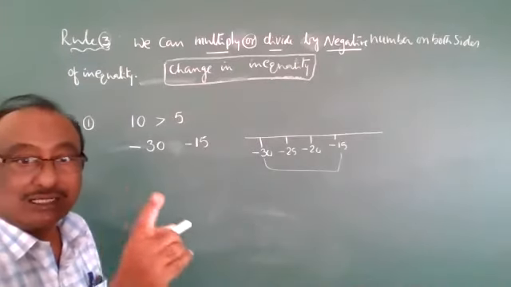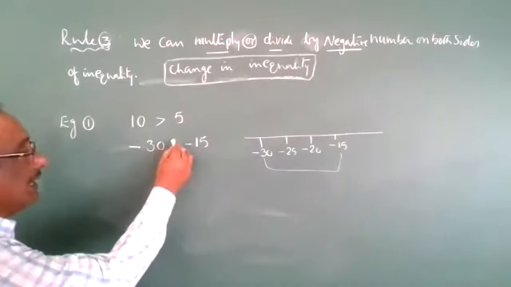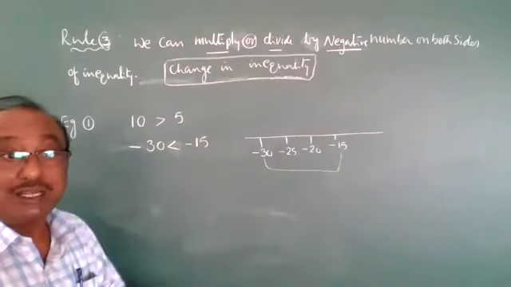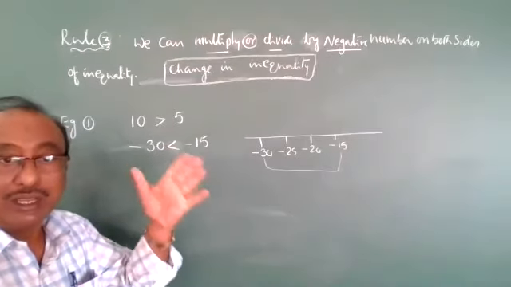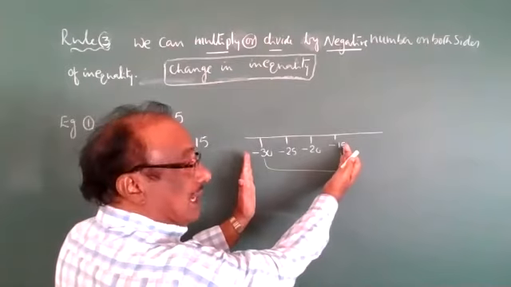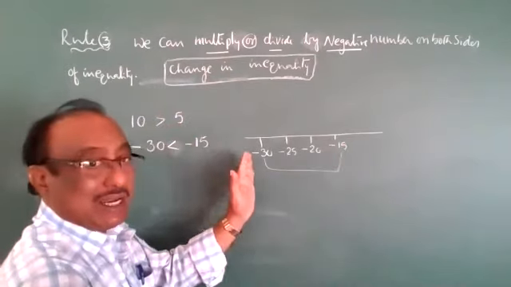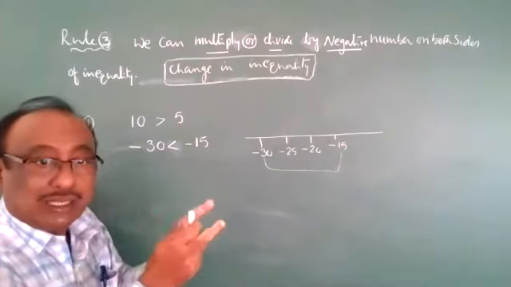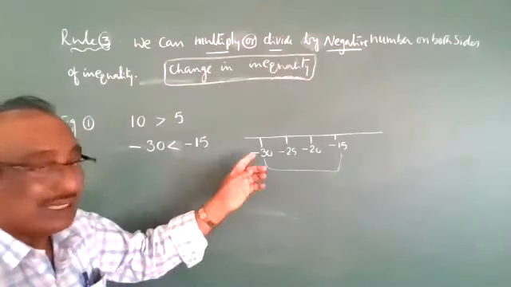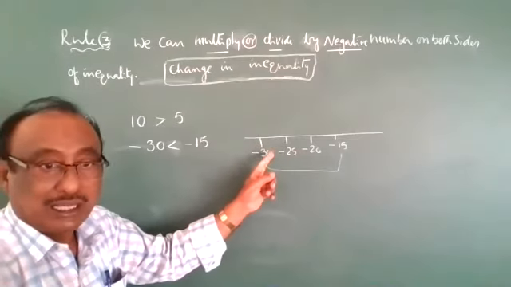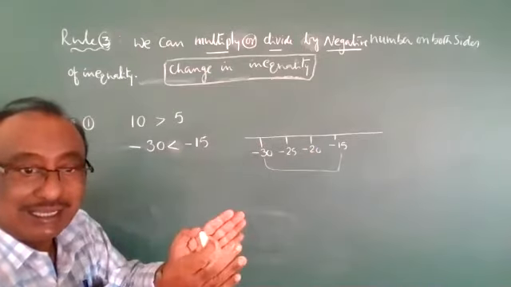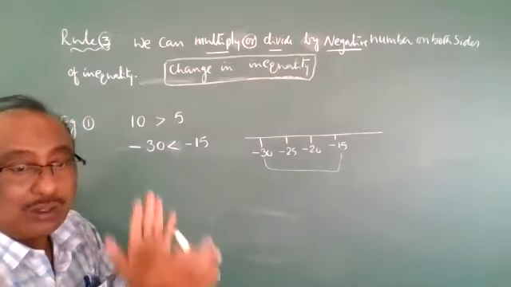Minus 30 is greater than minus 15 is wrong. The inequality will change by the multiplication of a negative number. A greater negative value is less than a smaller negative value.